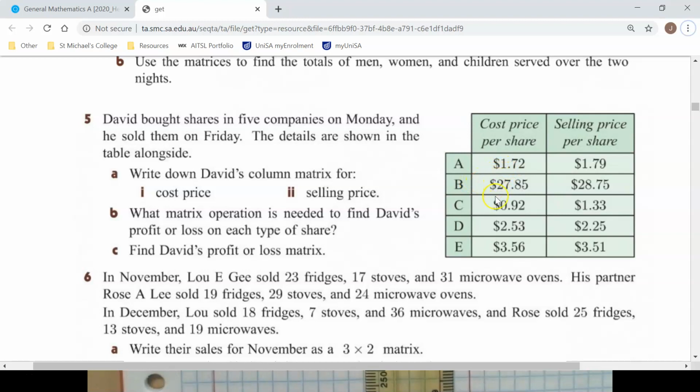now remember when we're doing these matrices we don't have to put the dollar signs in, it's just going to be the values. So it'll be 1.72, 27.85, 0.92, 2.57, 3.56.